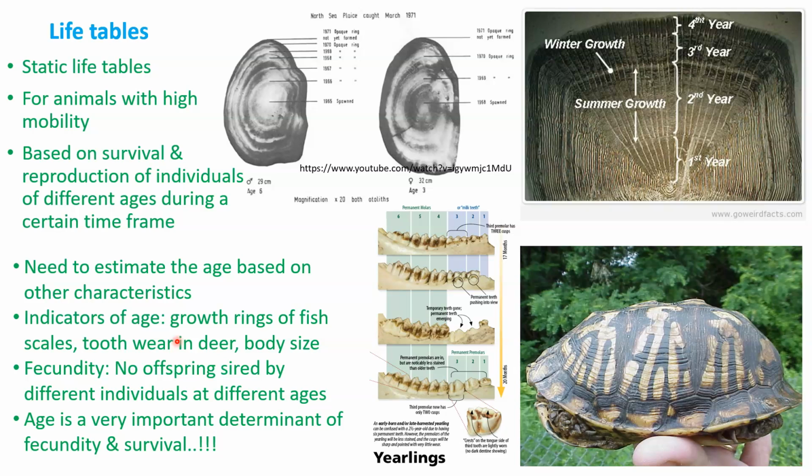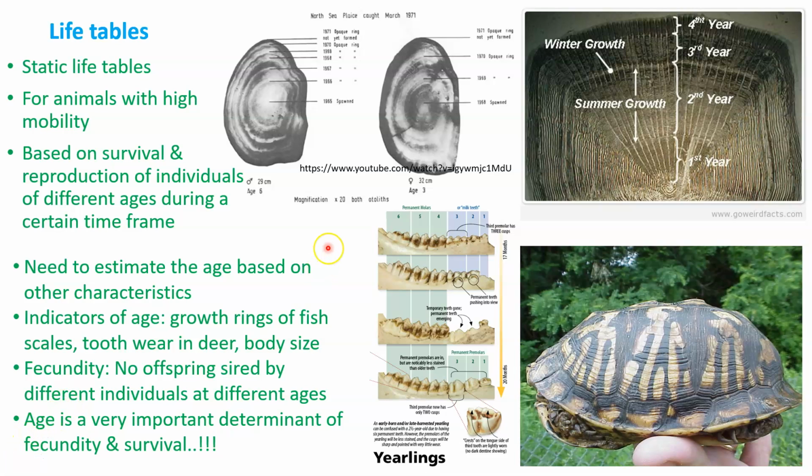Okay, now, in order to construct static life tables, you need to visit a particular area like you did in the case of human demography. You visited the cemetery, and for animal research, you have to visit a particular habitat, right? Probably repeatedly during a certain well-defined time frame, maybe a single season.